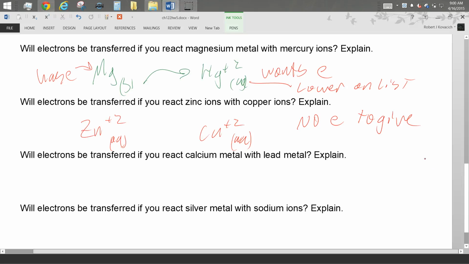What about calcium metal and lead? Does the previous one have anything to do with zinc being before copper? It doesn't matter. If the zinc had its electrons, it would give the electrons to the copper, but it doesn't have anything to give.